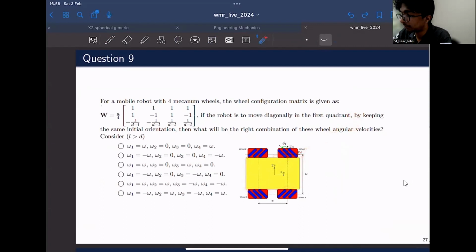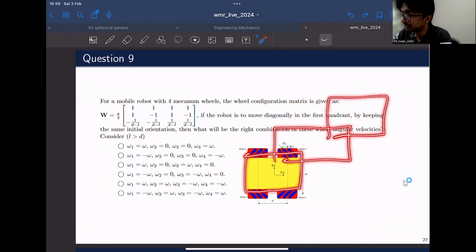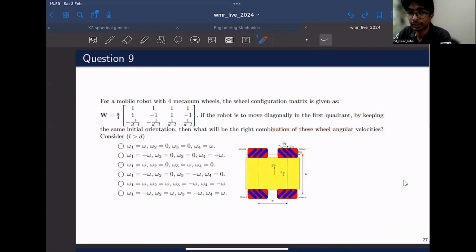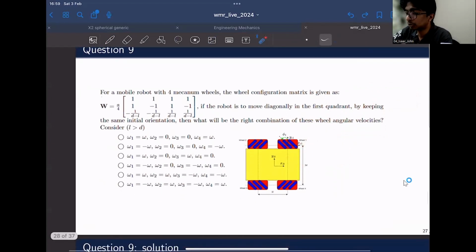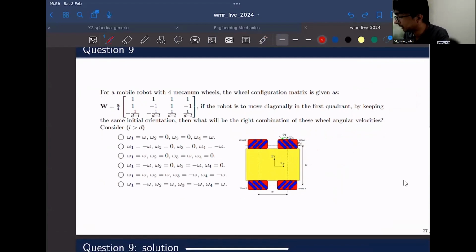So at the initial position, it will be like this. At a later configuration, it will be like this, like this. It won't rotate. It will go diagonally. So if that is the desired motion, then what should be the right combination of the wheel velocities?